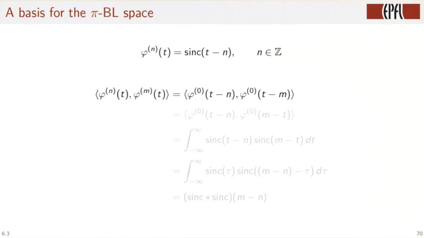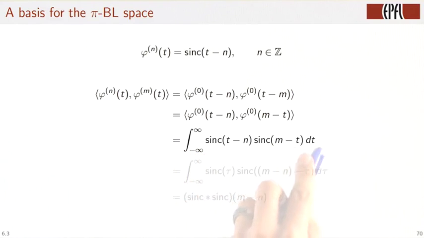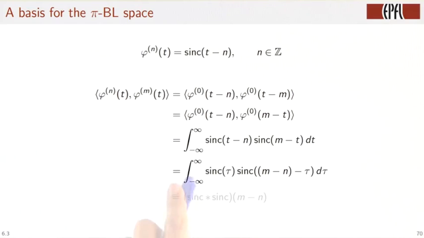We can see that's the same as between φ0 shifted by t − n and t − m. Then we use the fact that the sinc function is symmetric in its argument, so t − m can be changed into m − t. Therefore, we have the integral of sinc(t − n) sinc(m − t) dt. This we can factor as the convolution of two sinc functions shifted by m − n.